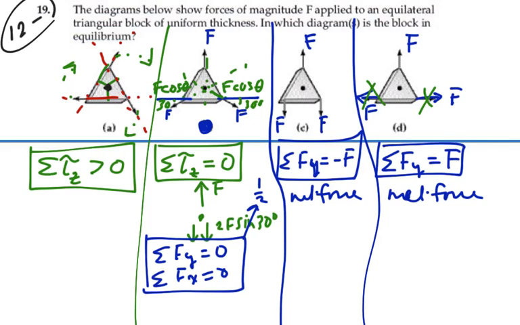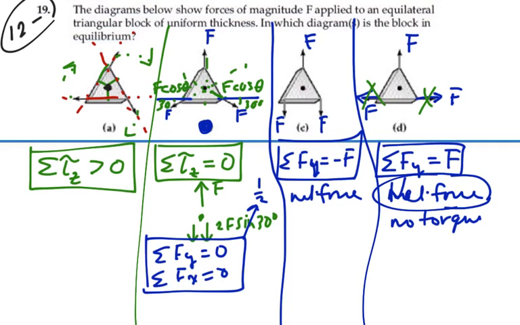And we could make the same argument. Actually, in this one there is no torque on this last one, but we do have this net force. So because there is a net force, there is not equilibrium.